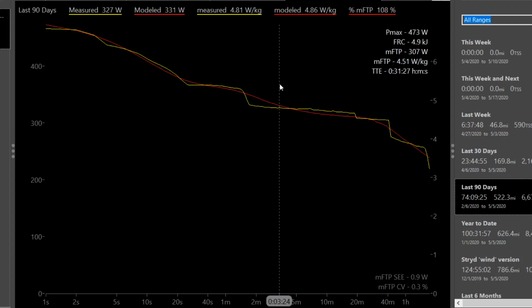Now, there are other ways of customizing, and there's things like WKO optimized intervals, but I'm going to show you a simple way using your power duration curve.